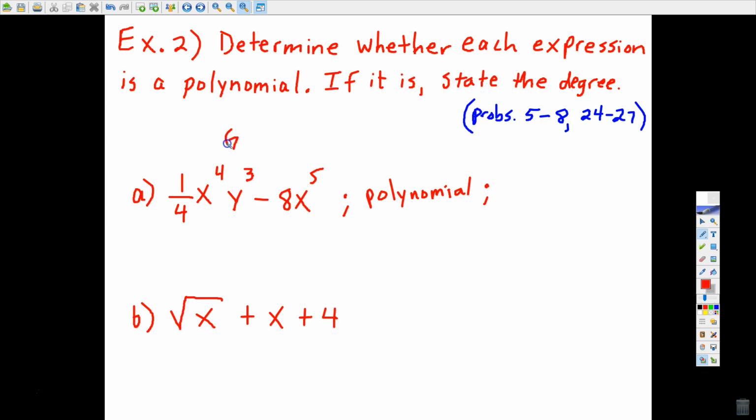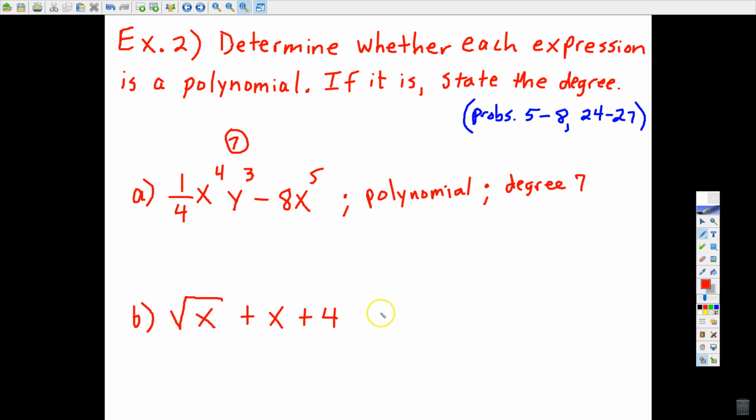The degree will be the largest exponent. So when I add these two together, I get 7 compared to this single variable that has exponent 5. Obviously 7 is bigger, so that becomes the degree. That's my final answer for letter A.